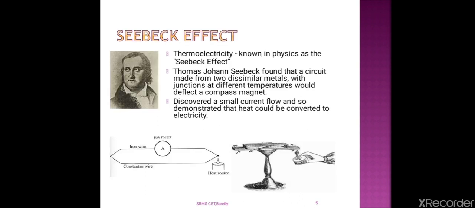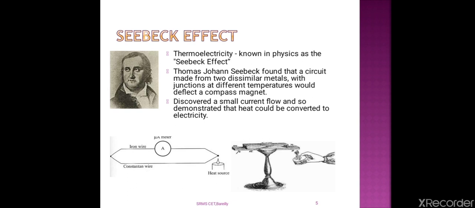First is the Seebeck effect, which states that if two dissimilar materials are used to make two junctions, one of which is heated and the other cooled, a resultant electromotive force is generated between the materials. The most common application that we use as engineers is the thermocouple, where we measure temperature using the Seebeck effect.